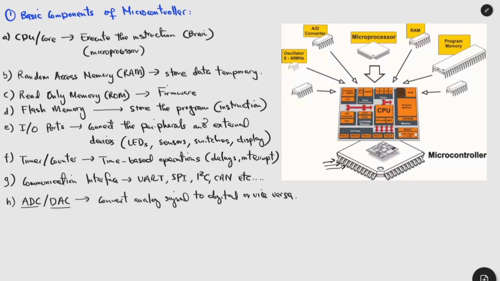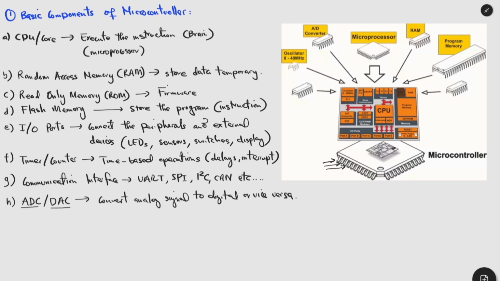Since there are many different types of microcontroller available, the basic components are consistent throughout. In every microcontroller, you will find those components having a specific function built in. And if someone asks you what is a microcontroller, you can explain it in terms of its components.